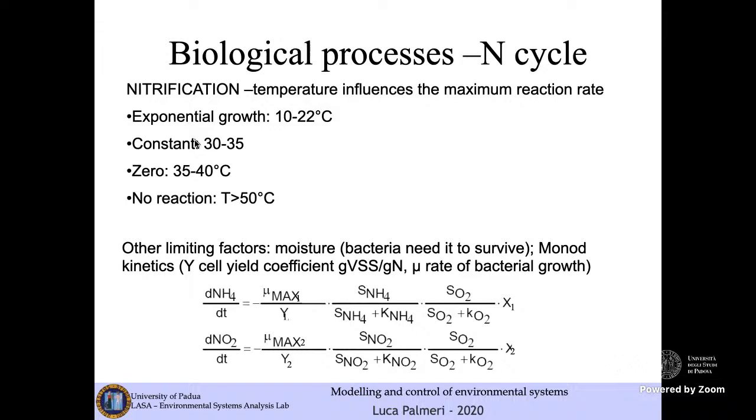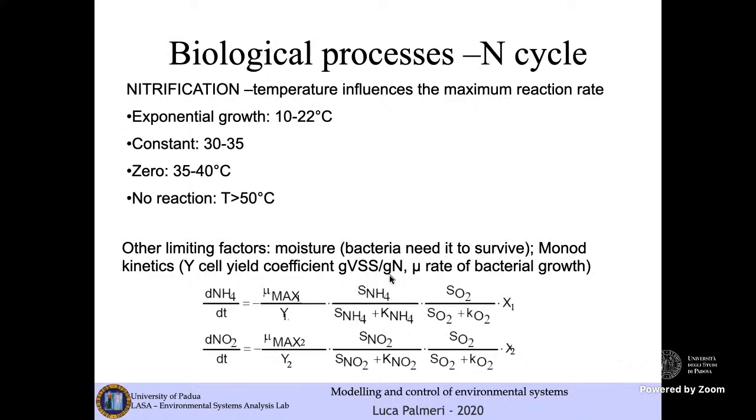In particular, we have the optimal temperature between 10 and 22 degrees Celsius, with the fastest exponential growth, while between 30 and 35 we have a constant production. We have zero production in the 35 to 40 Celsius interval, and no reaction at all above 50 degrees Celsius. These are models you may employ.